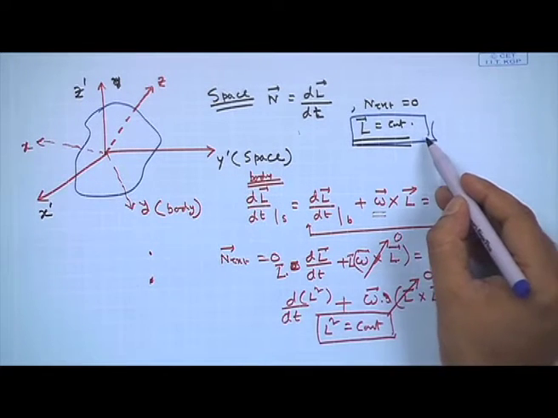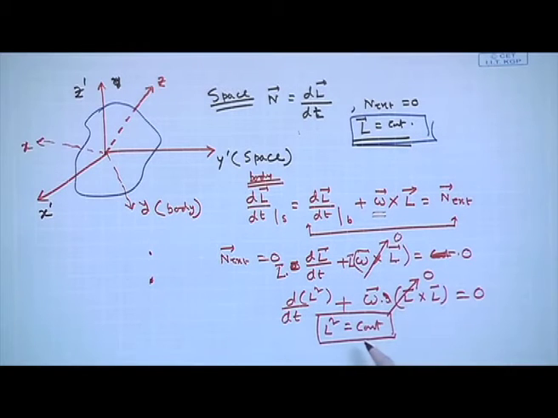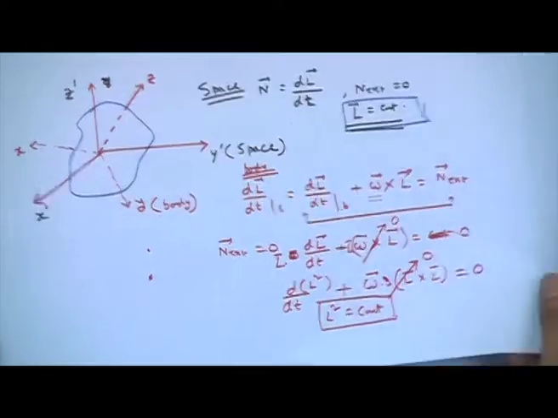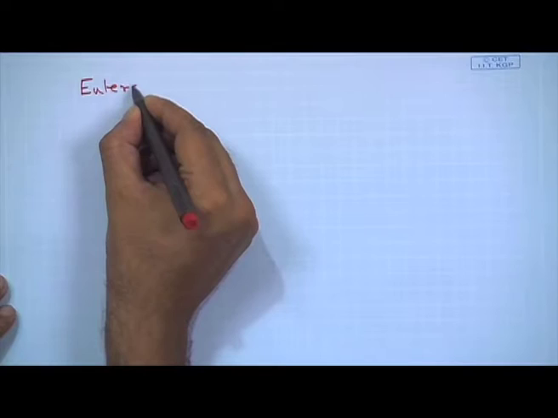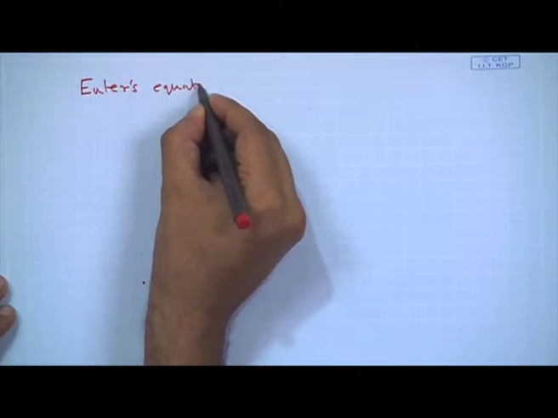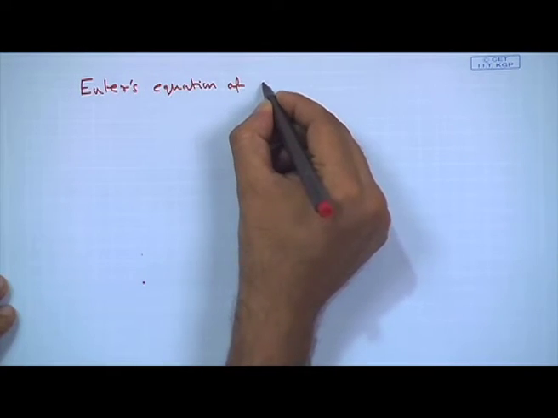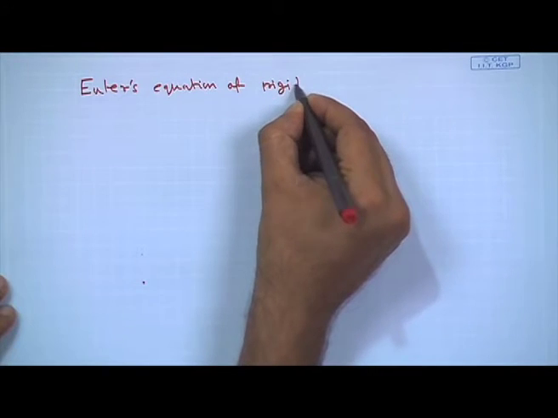In one case it is the vector that is conserved, in the other it is a scalar that is conserved. Now with this knowledge, we extend this equation slightly and write three sets of equations which are called the Euler's equations of rigid body.